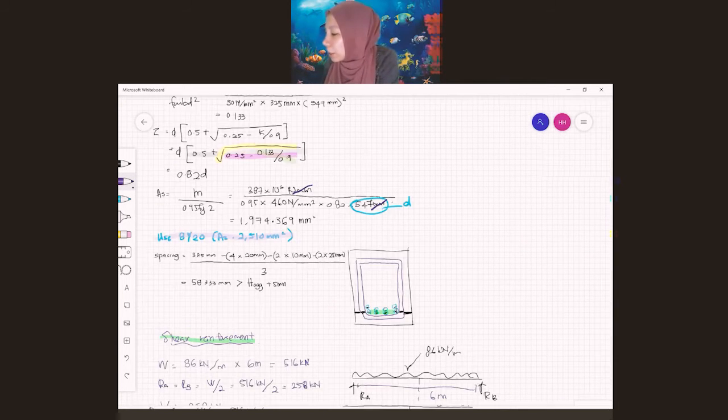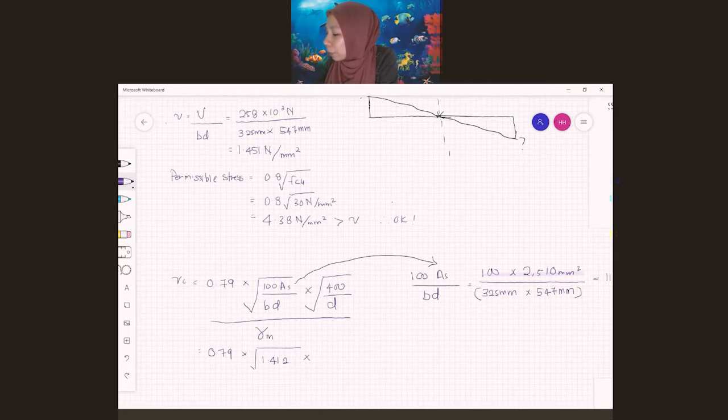So we know that bila formula ni, okay, formula ni akan jadi macam ni kalau concrete strength kita 25. Okay, dia macam ni je. Okay, tapi bila concrete strength kita 30, dia ada additional tambahan dekat sini. Okay, which is kita kena letak 30 Newton ni. Maksudnya concrete strength kita pakai and then kita divide kan dengan kalau 25 Newton over mm square.